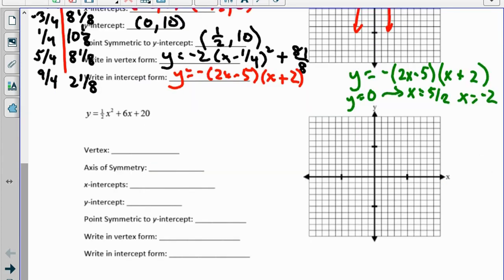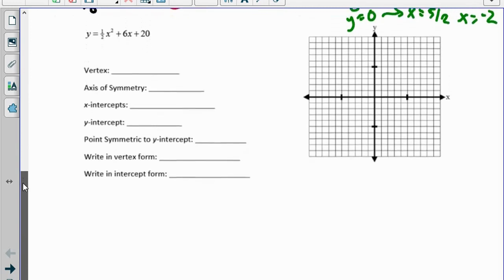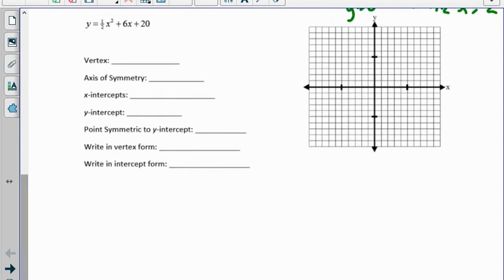Third problem, y equals 1/2 x squared plus 6x plus 20. The vertex, we will do negative b over 2a. So that equals -6. So my x value of the vertex is -6.